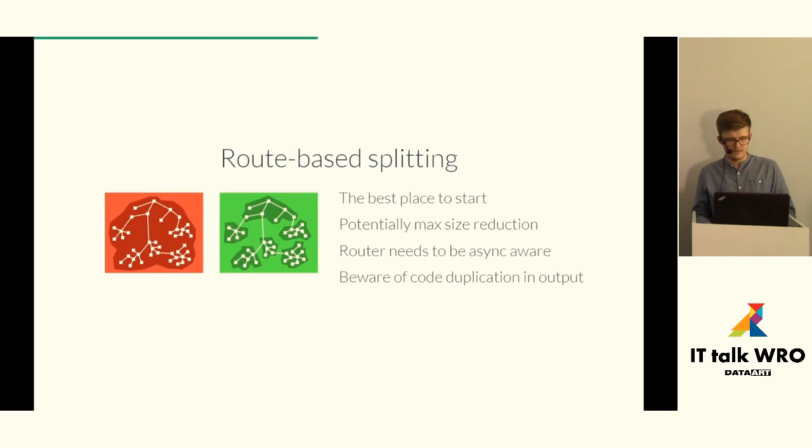And you need to beware of code duplication in the output. For example, several pages use the same dependency, and you may end up with this dependency duplicated in several chunks. It can be avoided with the common chunks plugin I will show you later.